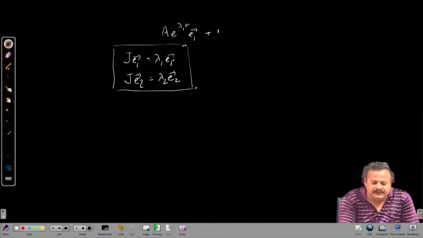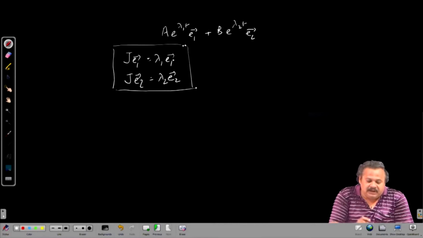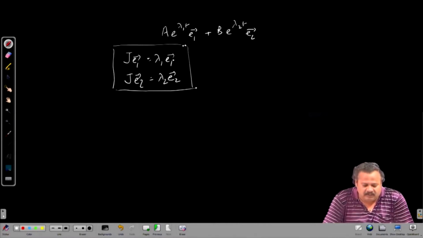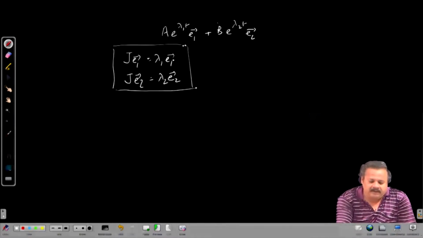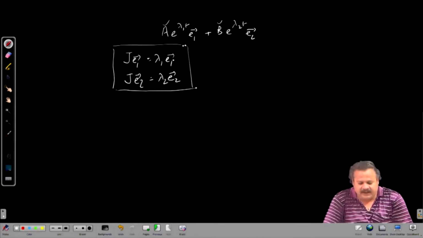And so plus b e to the power lambda 2 t E2. This is the trajectory of the system near the equilibrium point when we linearize around it, and a and b can be determined from the initial values.